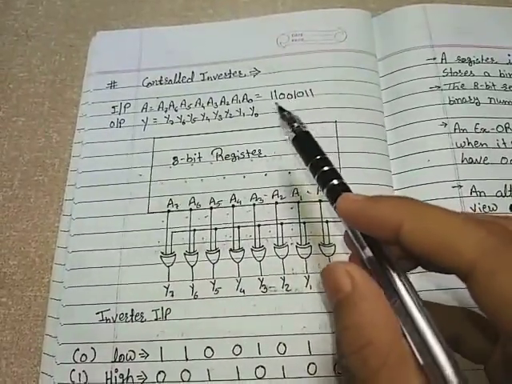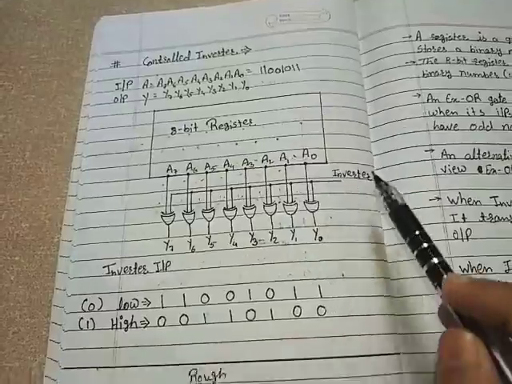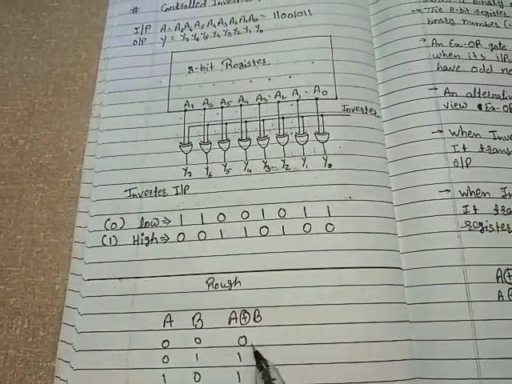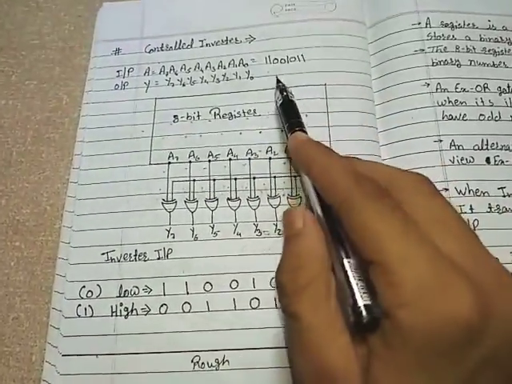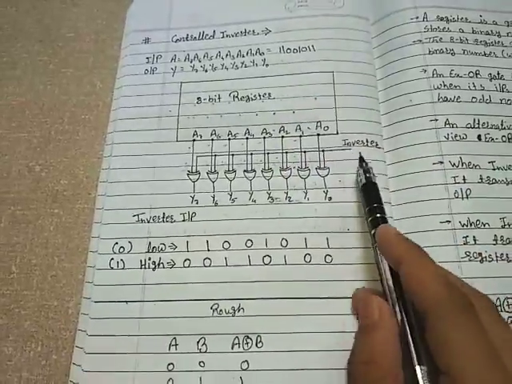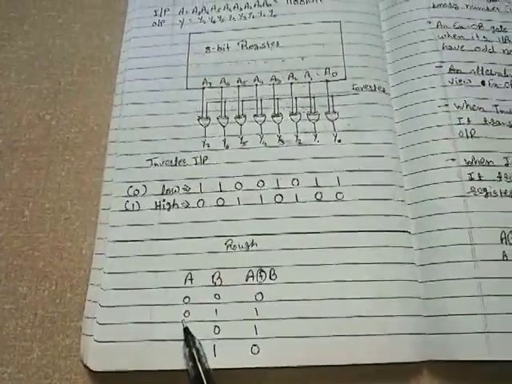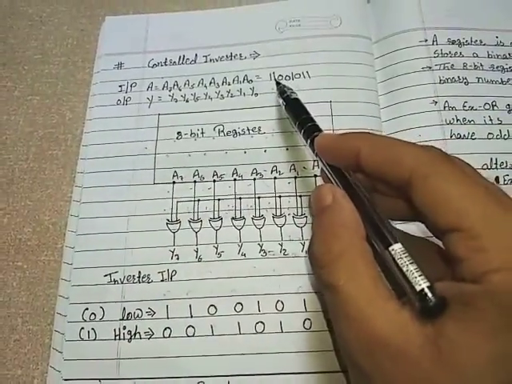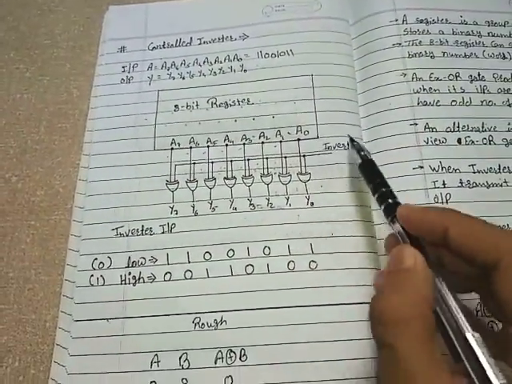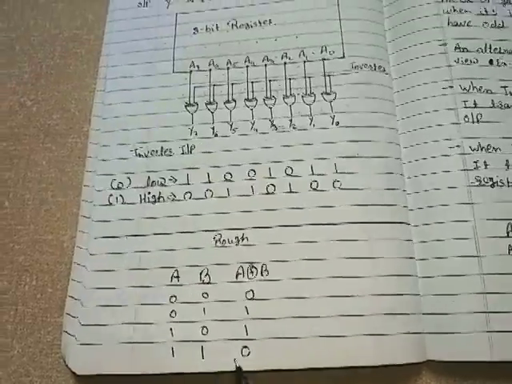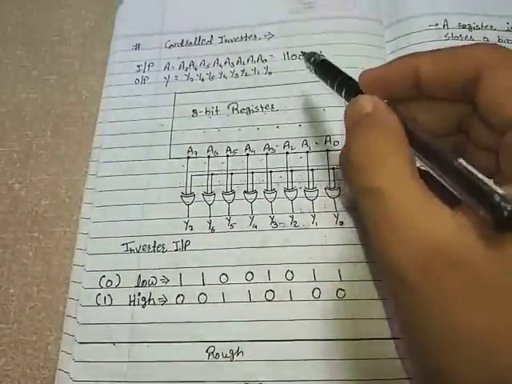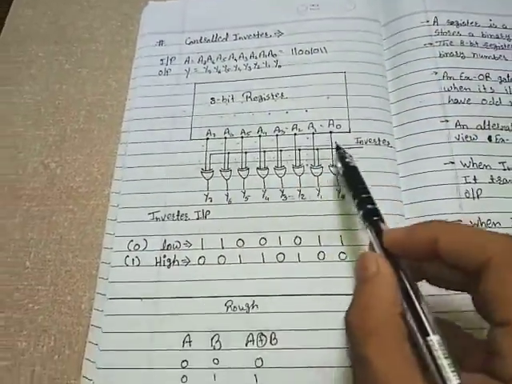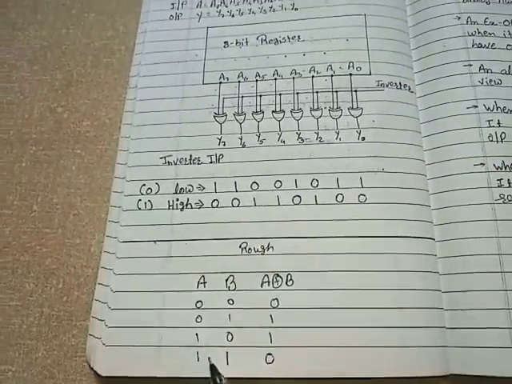Now next is 0, the inverter is 1, 0 and 1 gives 1. Again next is 0, the inverter is 1, 0 and 1 gives 1. Now next is 1, A6 is 1, the inverter is high, 1 and 1 gives 0. And A7 is also 1, the inverter is 1, so 1 and 1 gives 0.